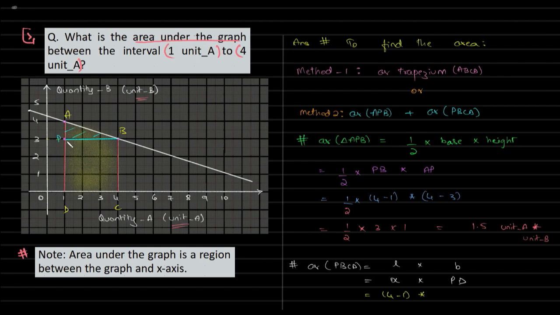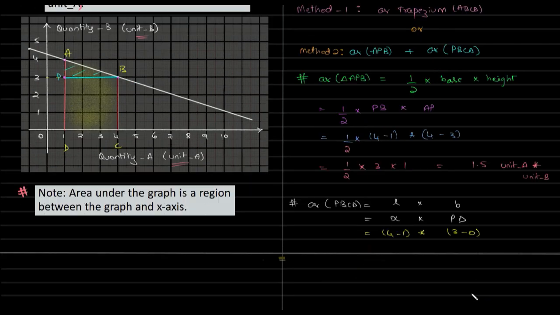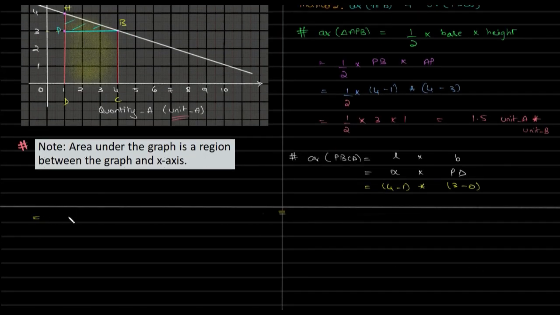So you can see the projection of P onto the y-axis is 3 and D onto the y-axis is 0. So 3 minus 0. The difference is 3 in the first case and the second case again 3. So this is nothing but 9 unit A into unit B.